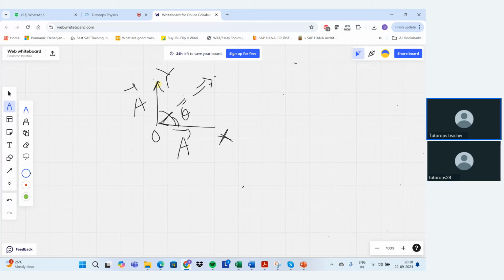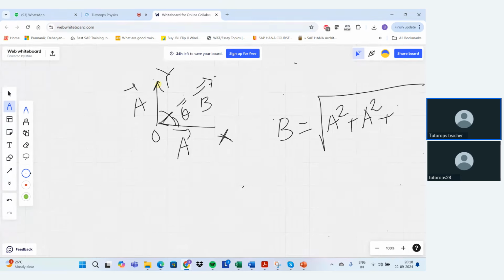From here, if both values are A, what will it be? If this is my resultant vector B, then B is equal to our same formula. What was our formula? A square plus B square plus 2AB cos theta, right? But here both are A, so B also carries the value of A. So A square plus A square plus 2A square cos theta, correct?